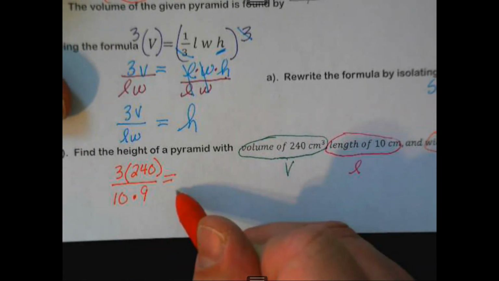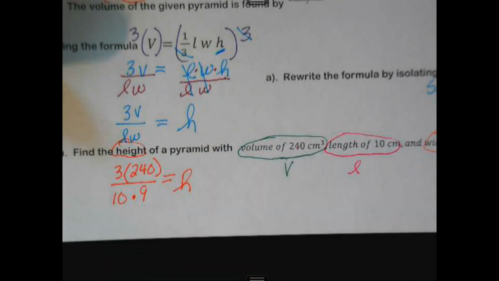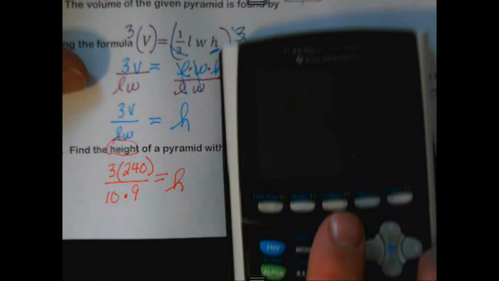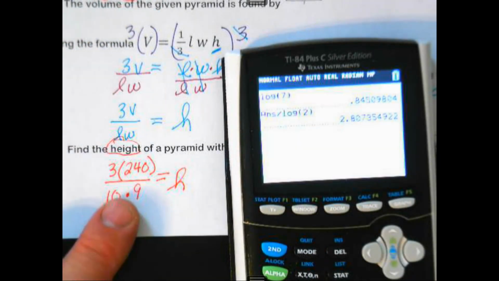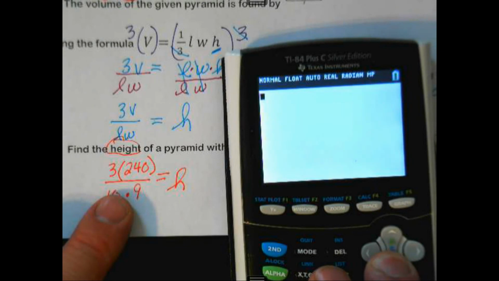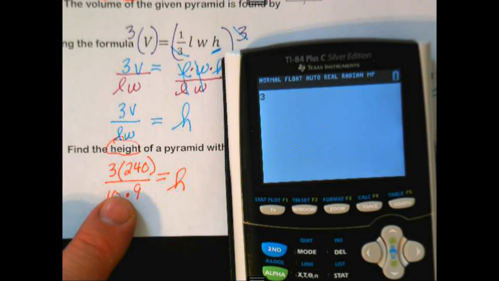I plug all that into my handy-dandy calculator. Let's see, 3 times 240. Now I'm going to hit the enter button because I don't want my pen disc to mess things up.